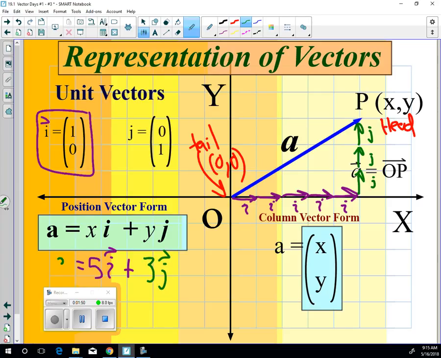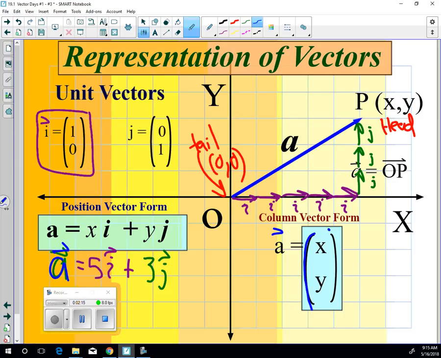So this vector A here can be written in position vector form as 5i plus 3j. That's what we call position vector form. The one I like that's a little better is you can describe vector A in what we call column vector form.